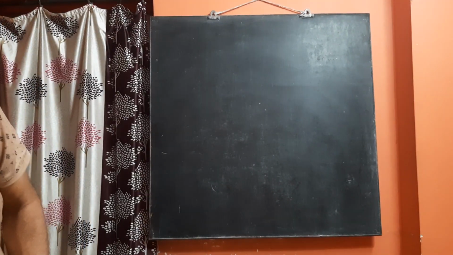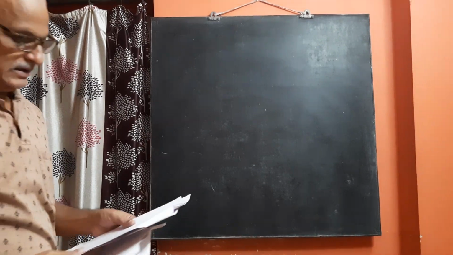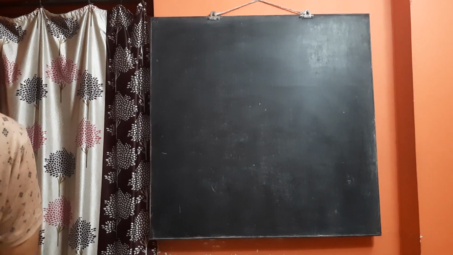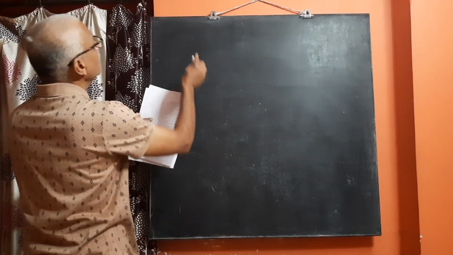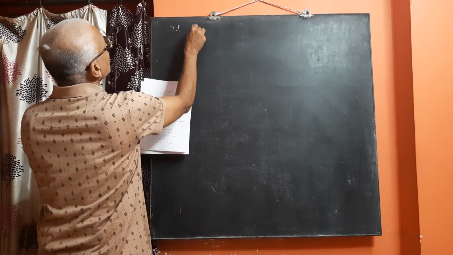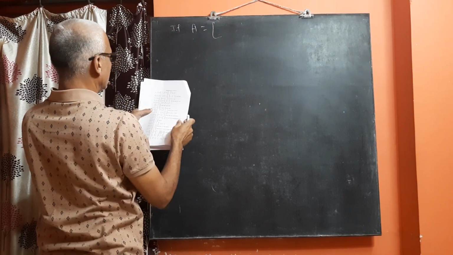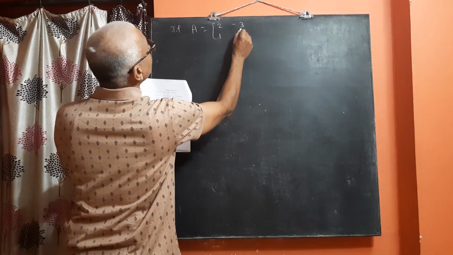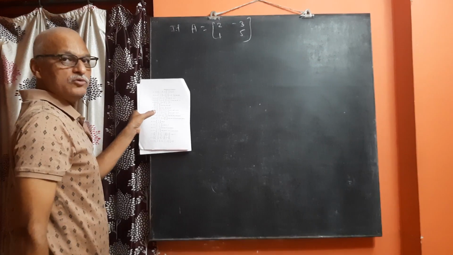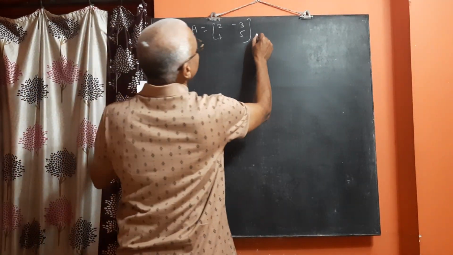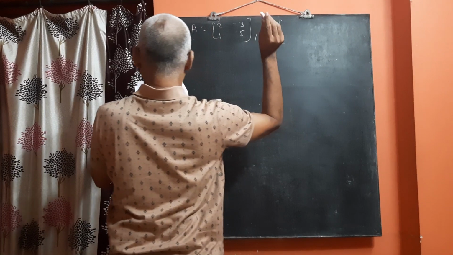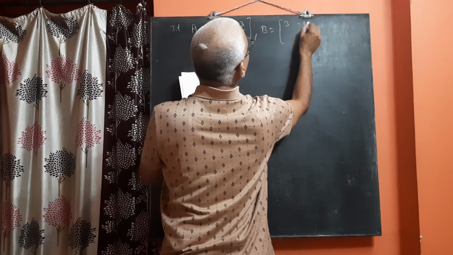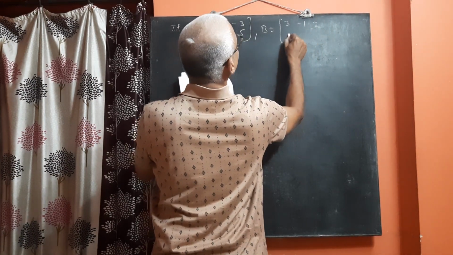Now the second problem for today is: if A is equal to matrix of 2, minus 3, 1, 5, and B is equal to matrix of 3, minus 1, 2, 1, 0, 1.